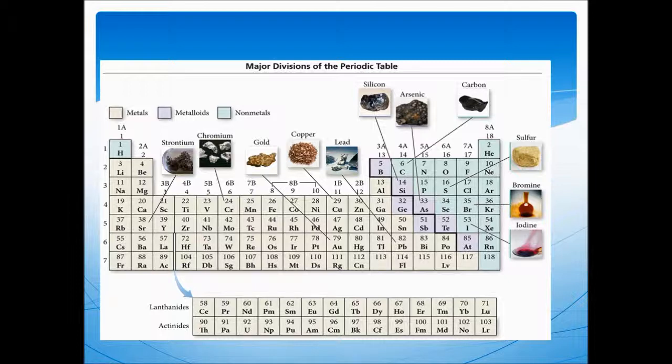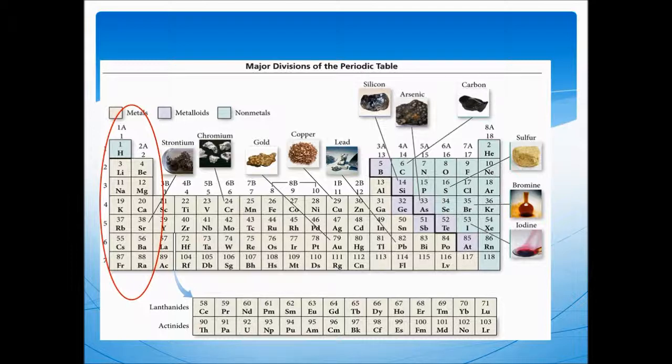And we divide the periodic table into 3 broad classes. We have the metals, the metalloids, and the non-metals. The metals are found on the left-hand side of the periodic table, and we are concerned mainly in this course about the group 1 and 2 metals, and they all have certain characteristics in common.